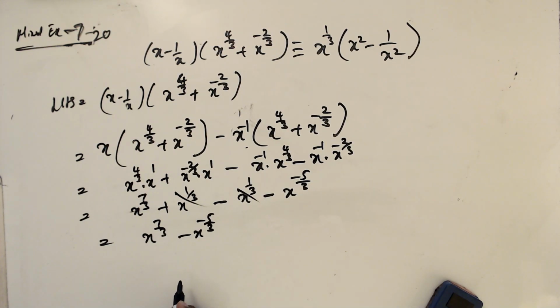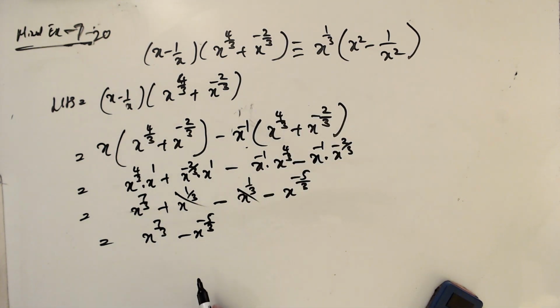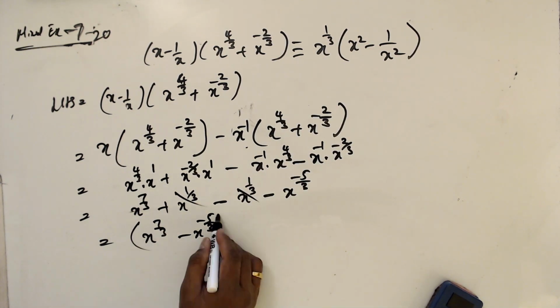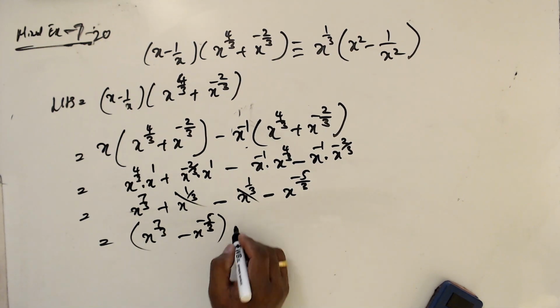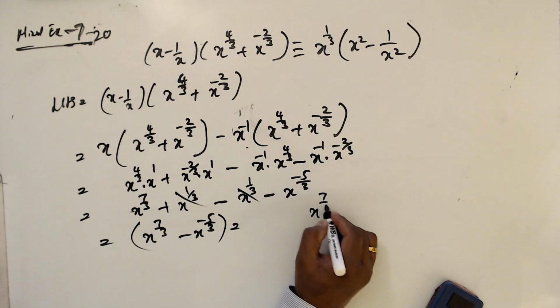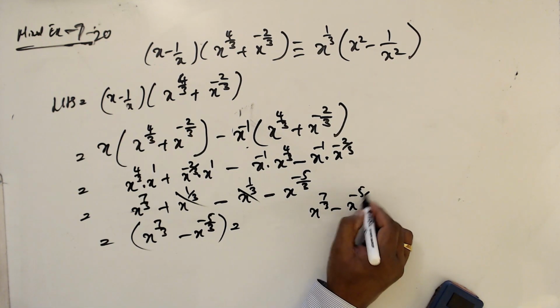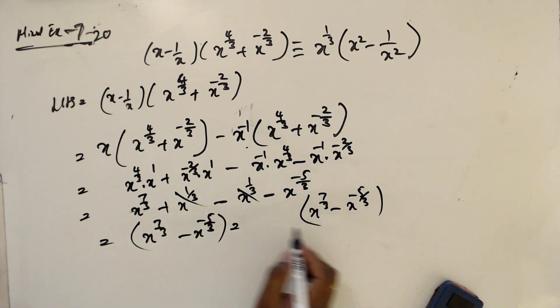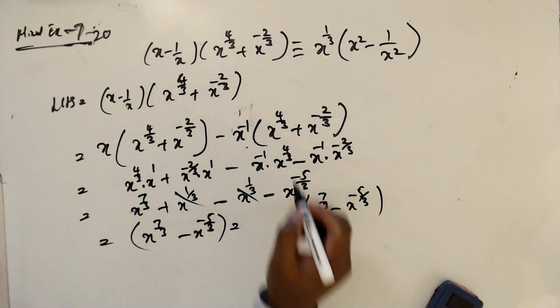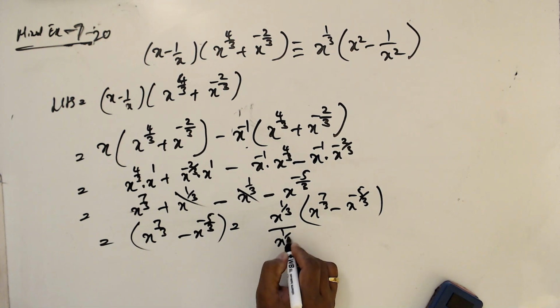Now I need x to the 1 over 3 out. So I work differently on this sum. I'll keep it as it is. I need x to the 1 over 3 out. Okay, I'll put my hand and I divide it.